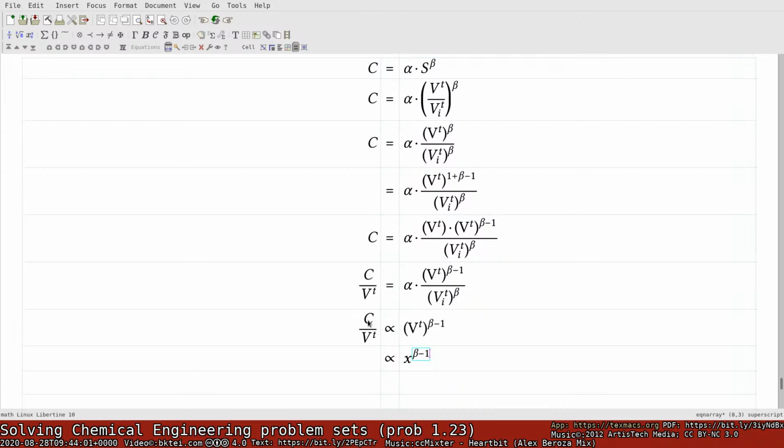So beta will range between 0 and 1, but never be greater than 1. So this is a negative number.